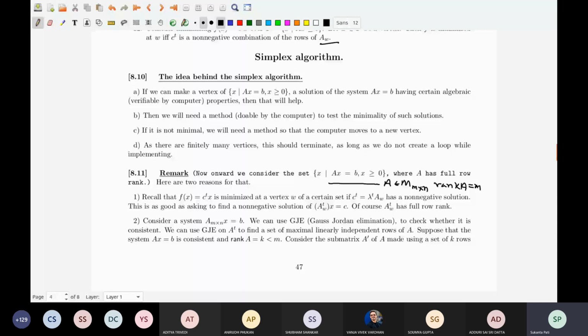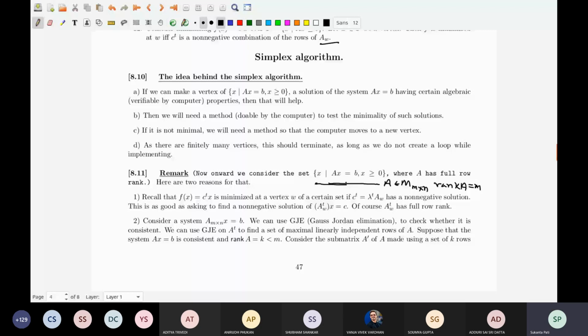Imagine the set. So basically you are looking at the set of non-negative solutions of the system Ax equal to b. Now if that system is consistent, those superfluous equations will not contribute anything.